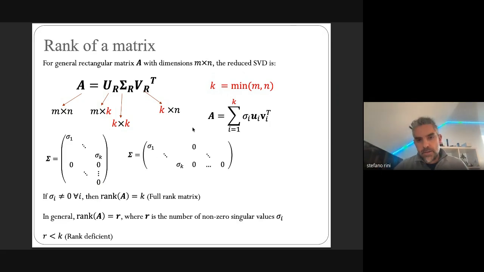Usually when you do numerical operations, the sigma is presented to you from the largest to the smallest singular value, so you will want to reorder the elements of this matrix. Of course, reordering these objects means that you pre- and post-multiply by a permutation matrix, so you're not changing the final results. If you permute these elements, you need to permute this element and this element too.